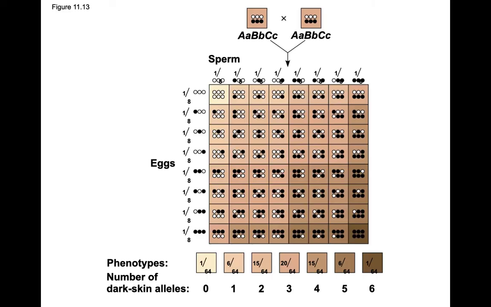Skin color is a good example of this, where we can have dominant and recessive alleles for the genes A, B, and C, and then generally based on the amount of dominant or recessive alleles that we see, the skin color of an individual falls on a continuum. And by no stretch of the imagination, most individuals, based off of a trihybrid cross, big A, little a, big B, little b, big C, little c, will end up in the middle of that spectrum.